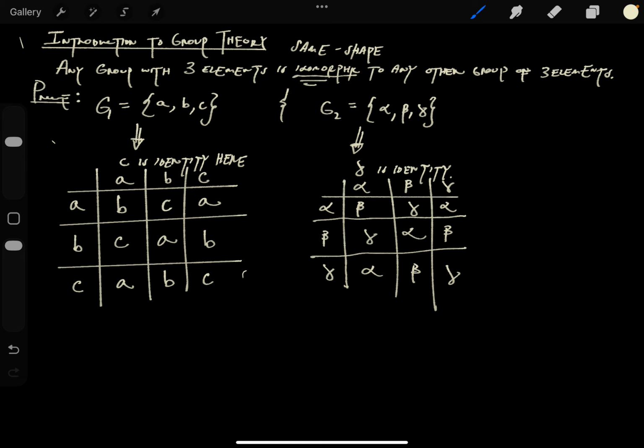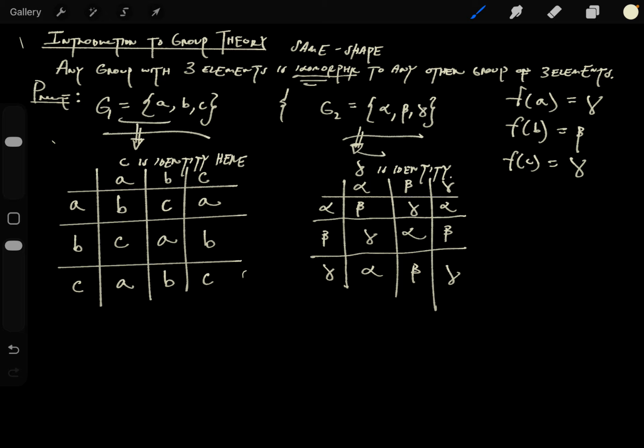And if you notice, if I have a function, an isomorphism, we call it F, and I map A to alpha, B to beta, and C to gamma, this just changes the names, and there's no structural difference between these two groups.